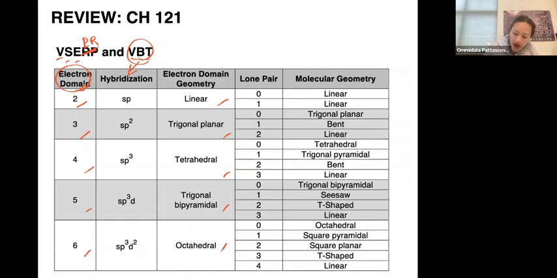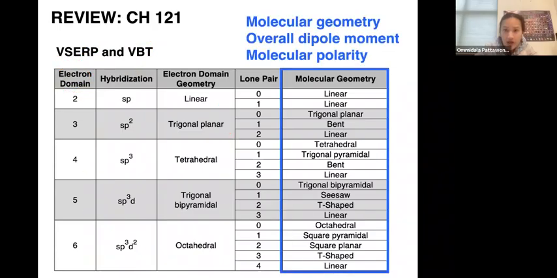If you have lone pairs, you are going to end up with a different molecular geometry from the electron domain geometry. All of these you are going to have to recall from Chem 121 again. The molecular geometry, along with the overall dipole moment, is going to help us determine molecular polarity.